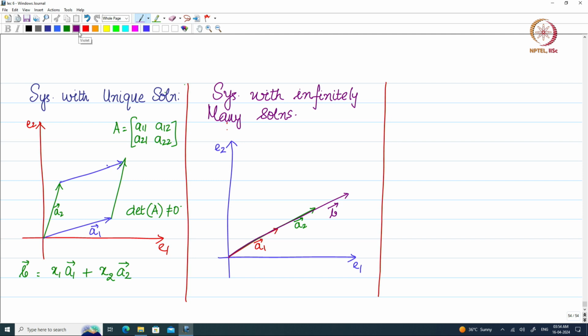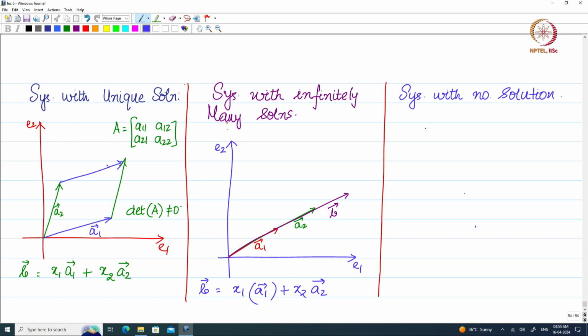The third is where we look at a system with no solution. Now, what does this mean? In the previous case I can still write B is equal to x1 into A1 plus x2 into A2, and I can find infinitely many values for x1 and x2 such that the vector B can be written as a linear combination of these two.